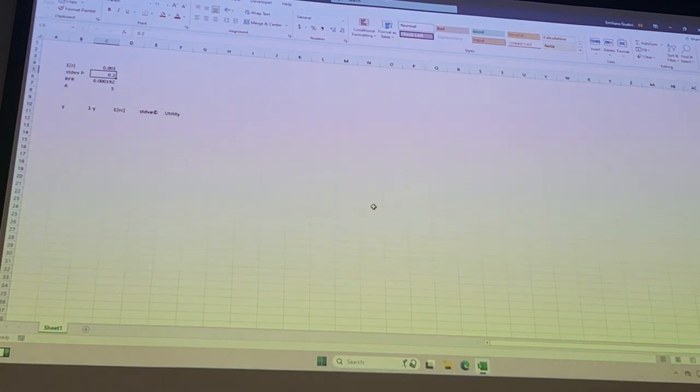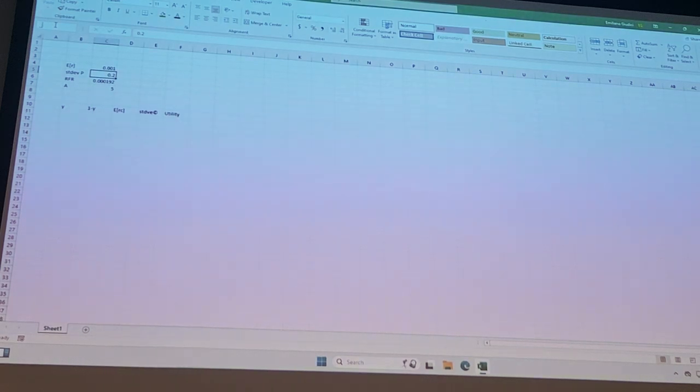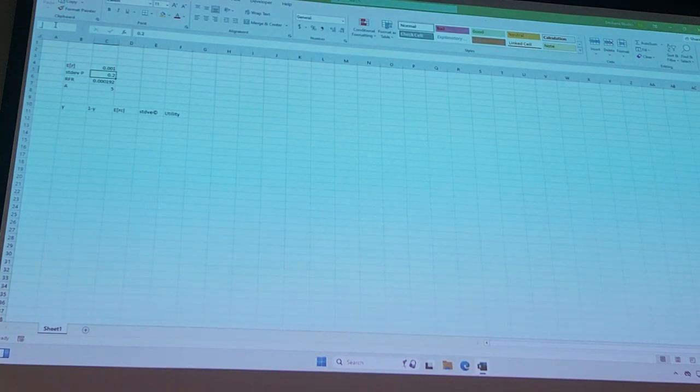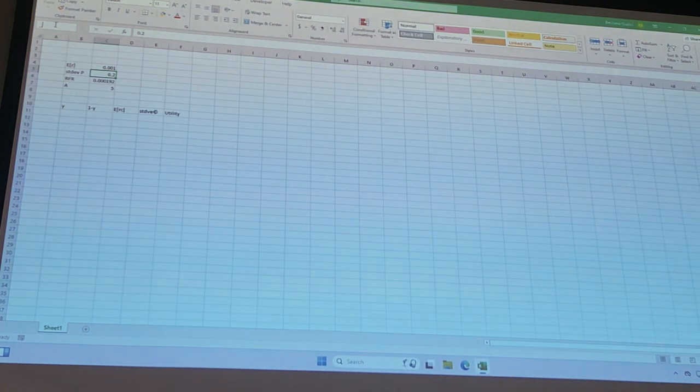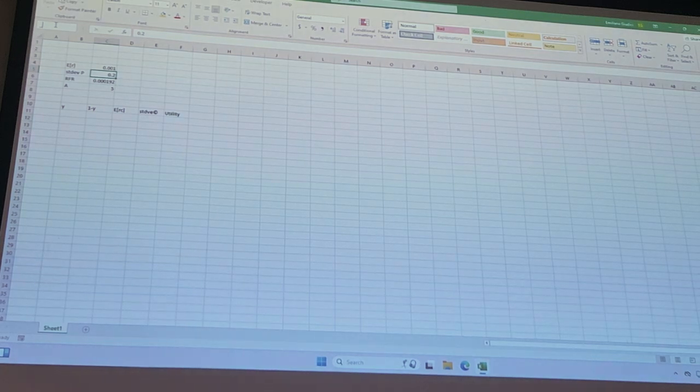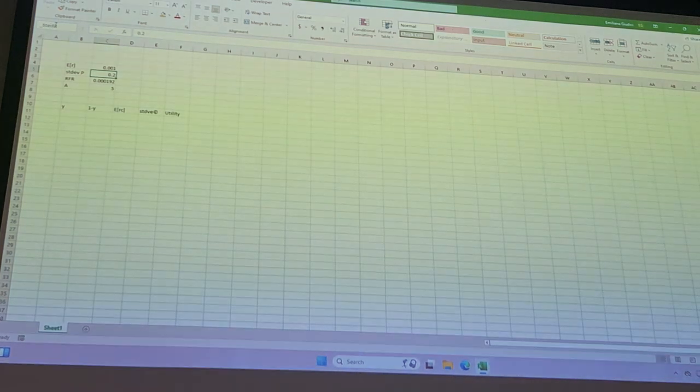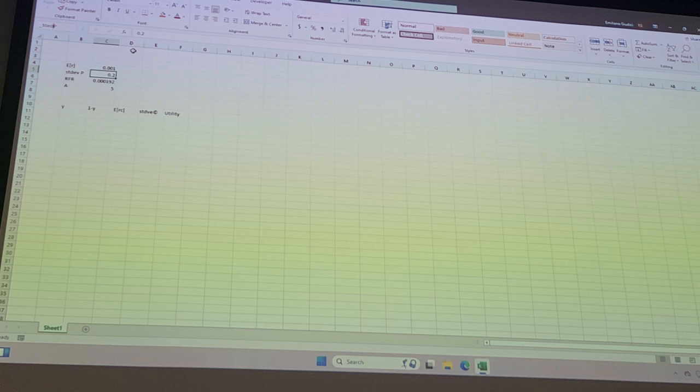So, what about this one? Well, I'm going to give it a name, underscore. The reason why I put an underscore is because if you just put letters and numbers, Excel may get confused thinking that you're dealing with a column in a cell. So it's easier if you put the underscore symbol in it somewhere. So I'm going to call this standard deviation of P. There it is.